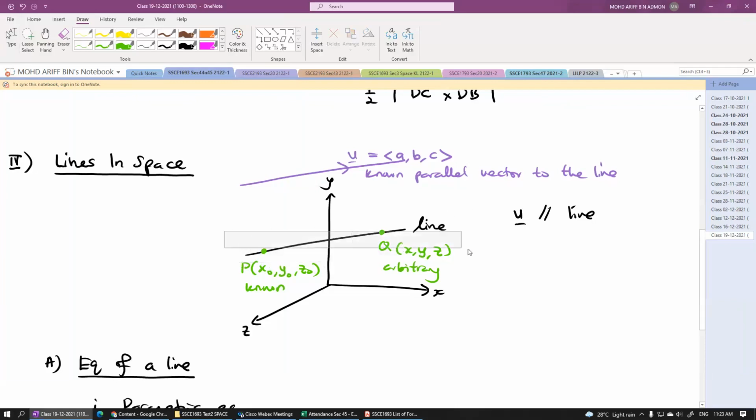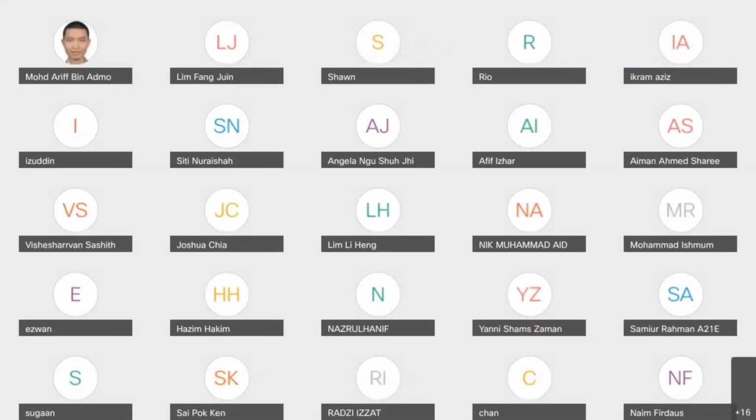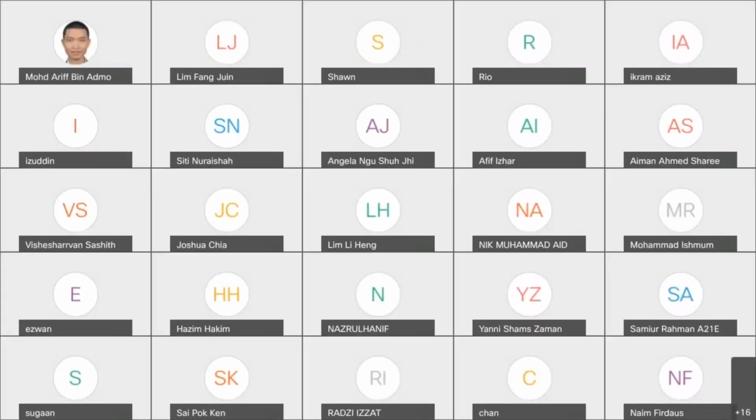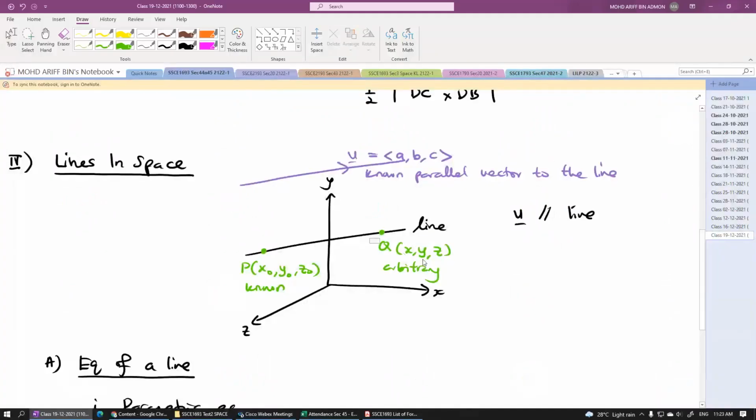A vector on this line. Class? PQ. Okay, even though we don't know exactly what our Q is here, we know Q is always on this line.